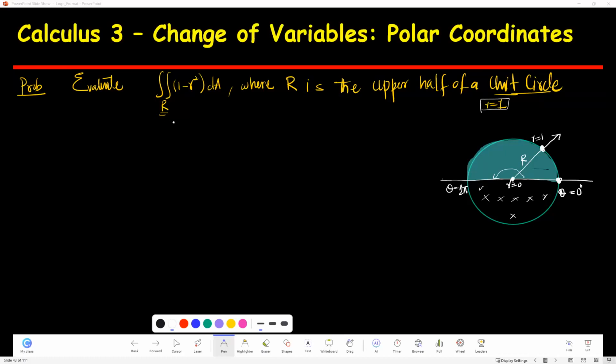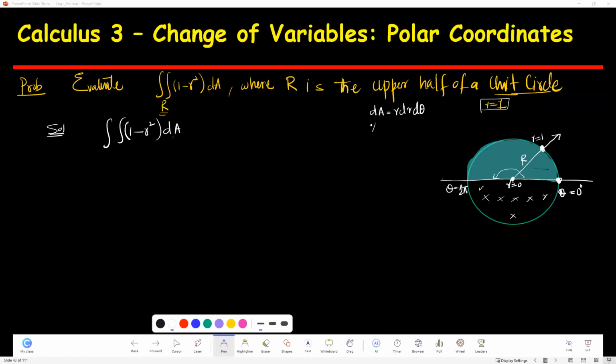I'm going to write my expression: the integral of 1 minus r squared dA. I want to get rid of this dA. We know dA can be written as r dr d theta. We just learned about this in the previous slide.